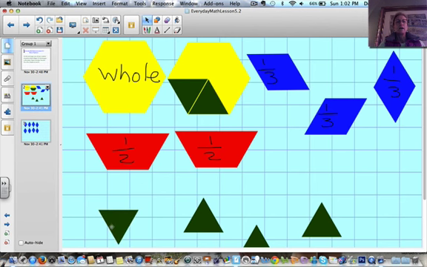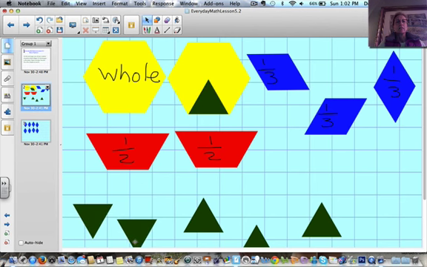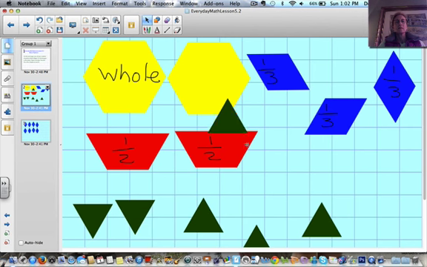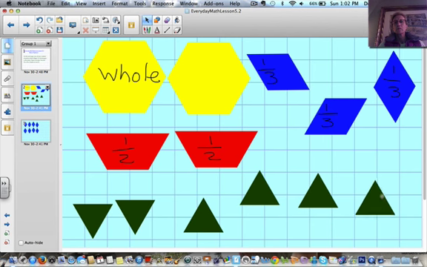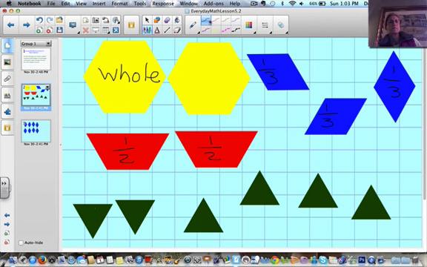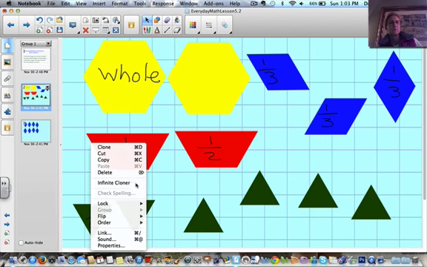So I'm going to take these back, and we'll go ahead and write 1/6 as the value for each of the triangles.